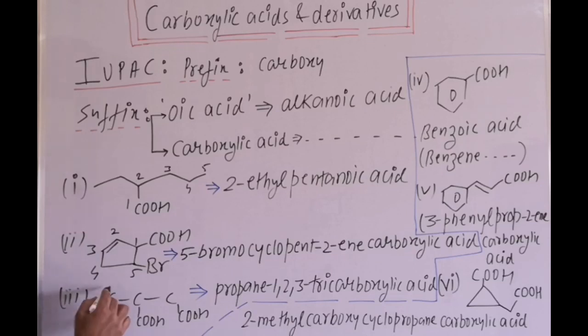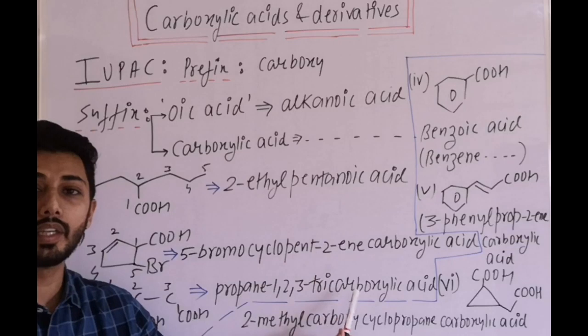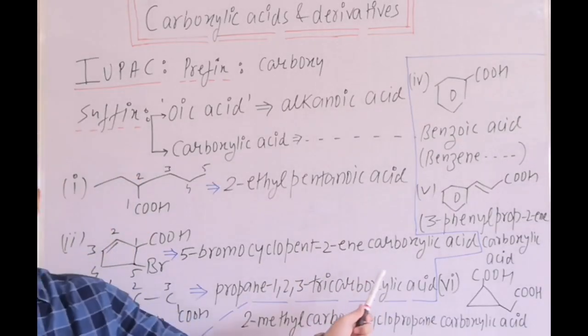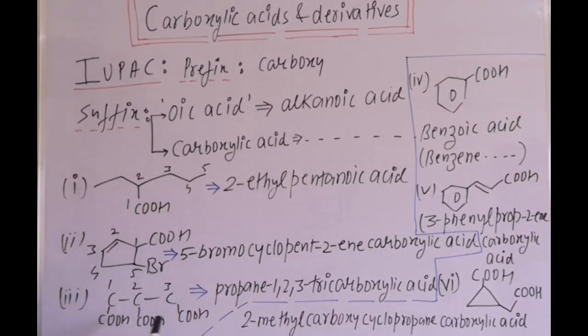So here numbering can be from either side, 1, 2, 3, because on each of the 3 carbons there is a functional group which is the carboxylic group. Hence it will be propane 1, 2, 3. How many times? 3 times. Tricarboxylic acid. Because it is clearly possible that we select this 3 carbon chain as the parent chain, with a carboxylic group attached to each carbon, and then we use the second type of suffix, or if it comes 3 times or more, we select carboxylic acid as the prefix.